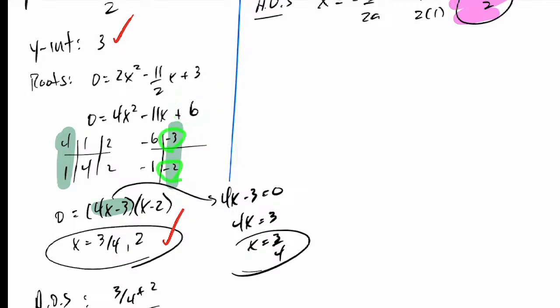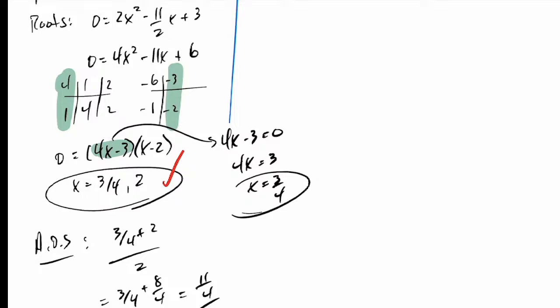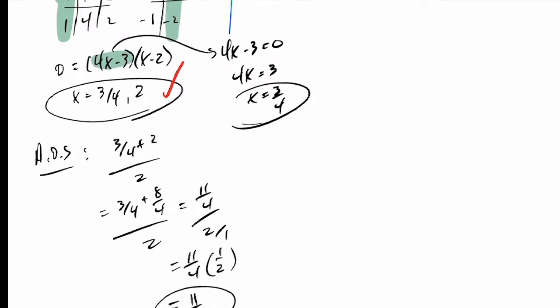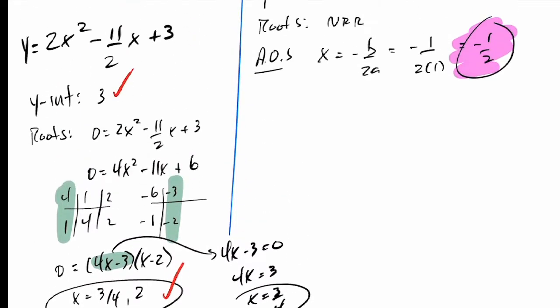So -3 and -2 will combine through multiplication to give me that. Is that okay? All right, so there we go. And then you give your vertex and all of that sort of thing.